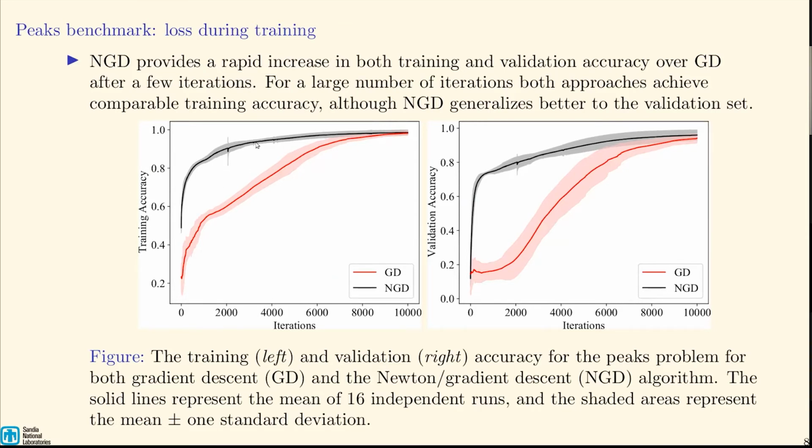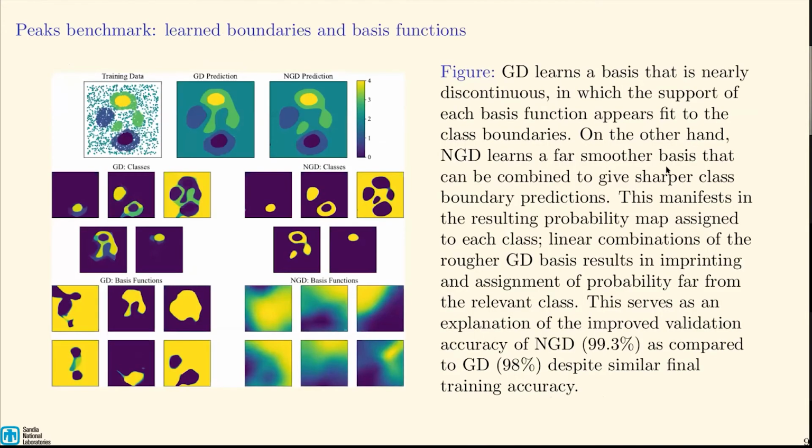And you get a similar training accuracy, but when you look at the generalization error, the validation, you get a few percentage points increase with the Newton gradient descent approach. This is all averaged over 16 independent runs, and the shaded areas are the mean plus or minus 1 standard deviation.